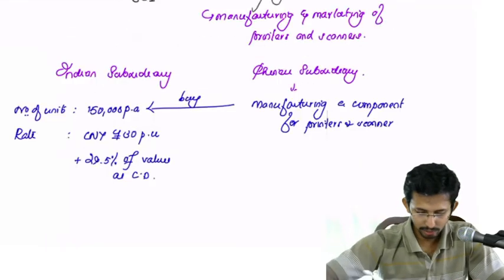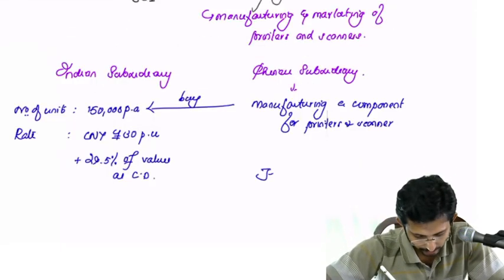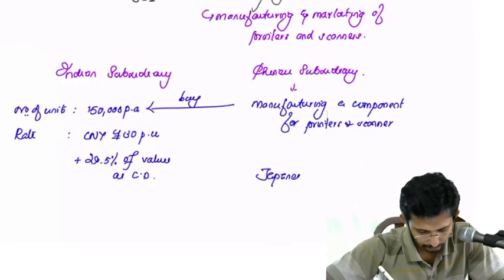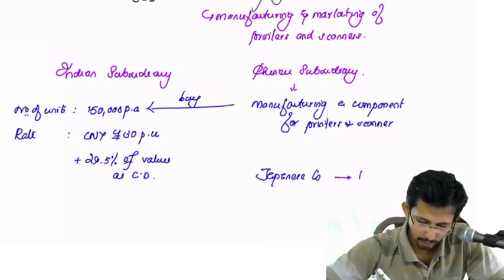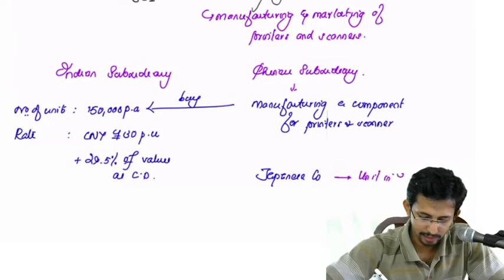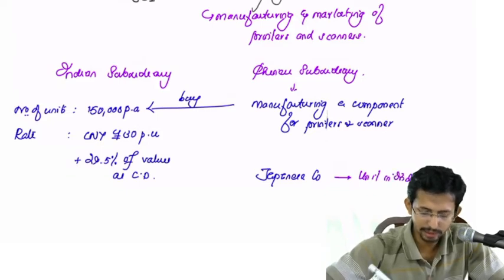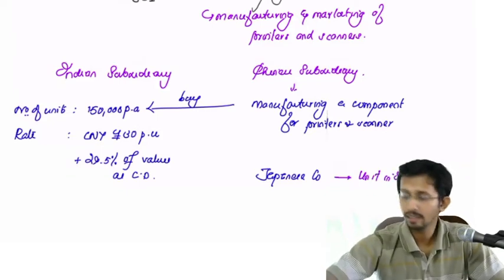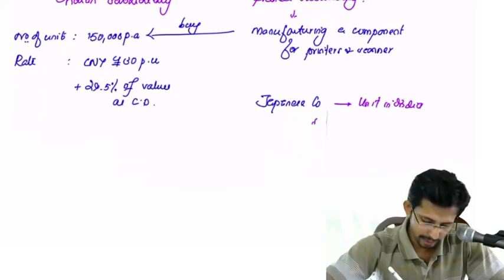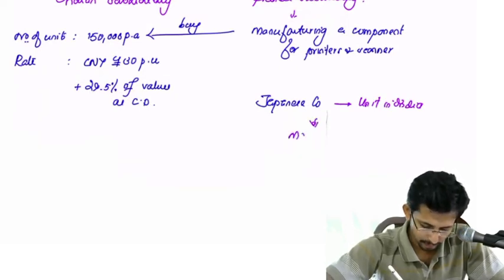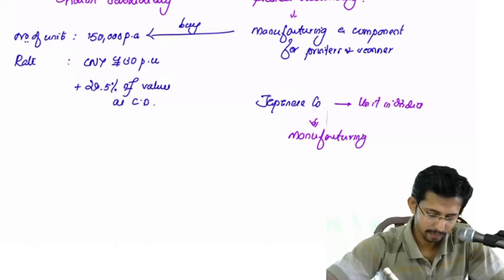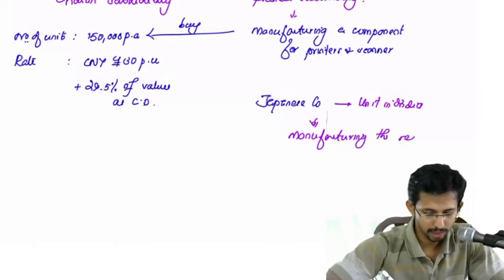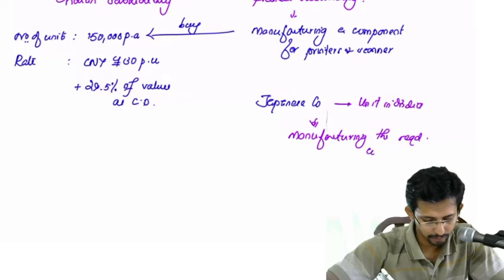So there is a Japanese company, and this Japanese company has a unit in India, which is manufacturing the required component.